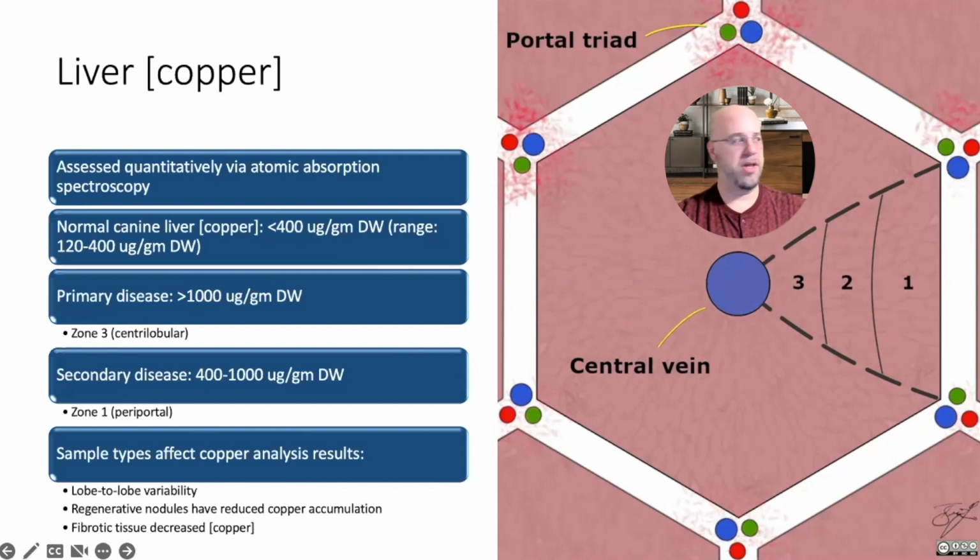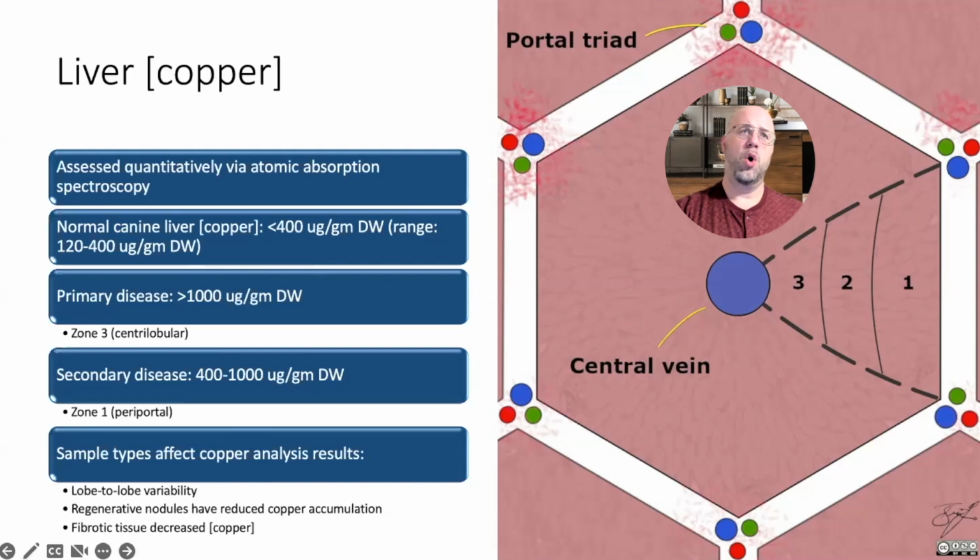There is variability from one liver lobe to the next. If you sample a predominantly fibrotic lesion, that's going to give you a falsely decreased copper level. If you end up sampling a regenerative nodule, that's also going to lead to a falsely lower liver copper concentration.